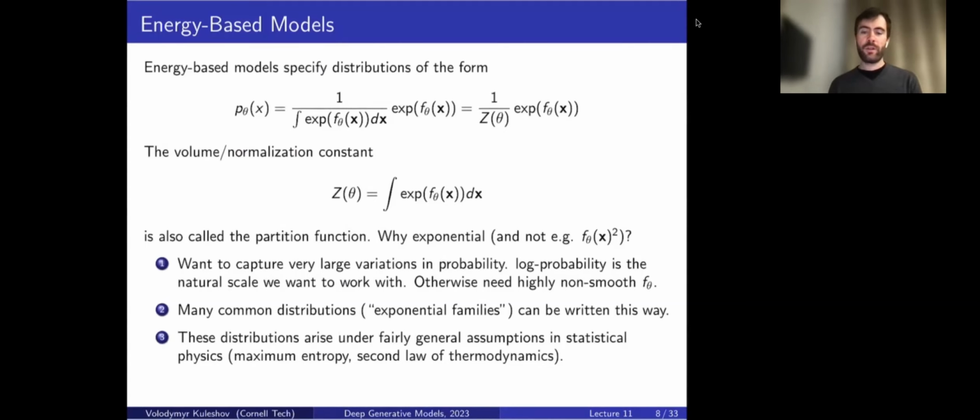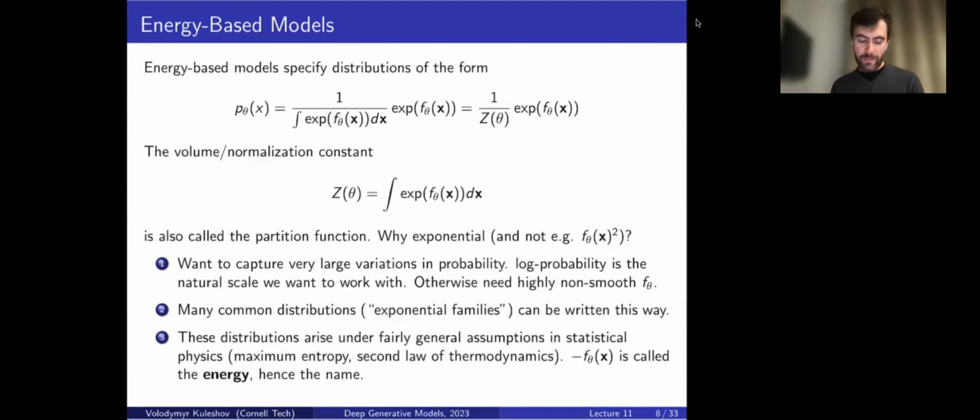I won't go into these details, but there are arguments based on the principle of maximum entropy and on the second law of thermodynamics, which in a sense argue that the exp is the operator that, when we use it, we end up making the least assumptions on what the probability should be given a certain set of constraints. I can tell you more after the lecture, and I can point you to some readings. I just want you to be aware that there is theory from statistics and thermodynamics which explains why that's the case.